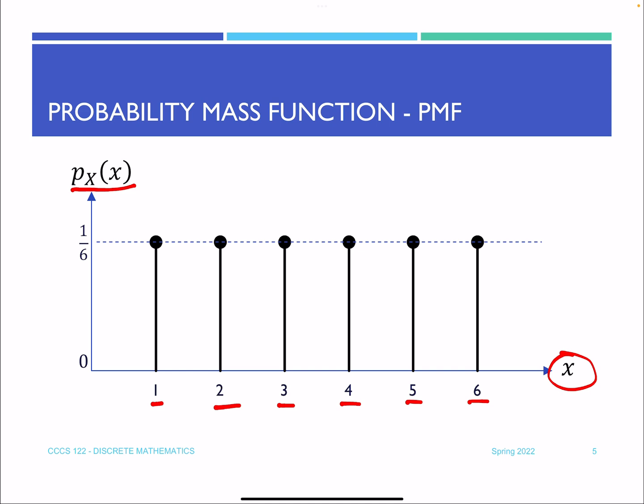And usually this is how we draw probability mass functions. We represent each probability value by this kind of plot. This is called a stem plot. This doesn't look very interesting because the probability of each outcome of the experiment is equal. It's 1 by 6 over here.